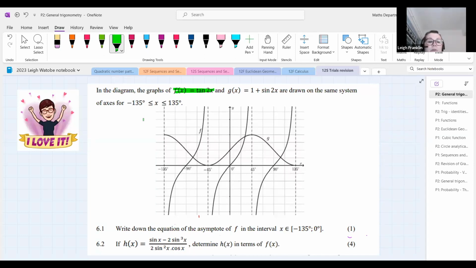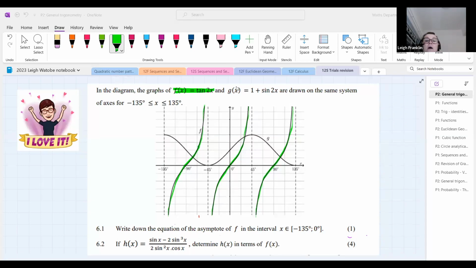How has the graph changed? One person has said shifted. Pinga has said the amplitude is double. Anybody else? Is it a shift, which is a translation?